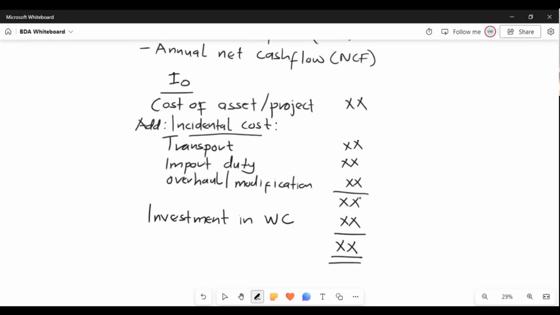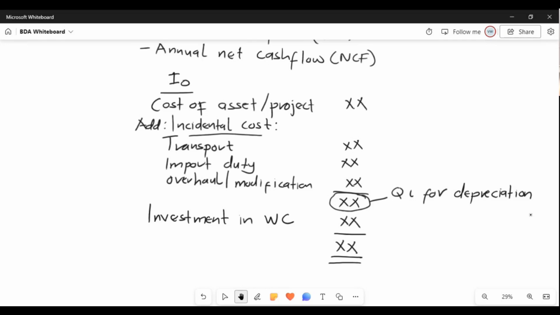But please remember that when charging depreciation, the depreciation is only on the cost of the asset plus the incidental cost. So this is the qualifying cost for purpose of depreciation, which means that the investment in working capital is not included when you're assigning the depreciation cost of the asset.